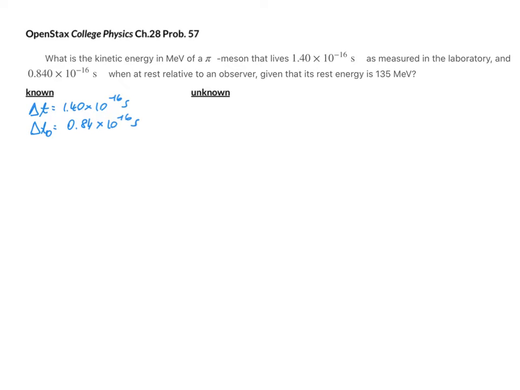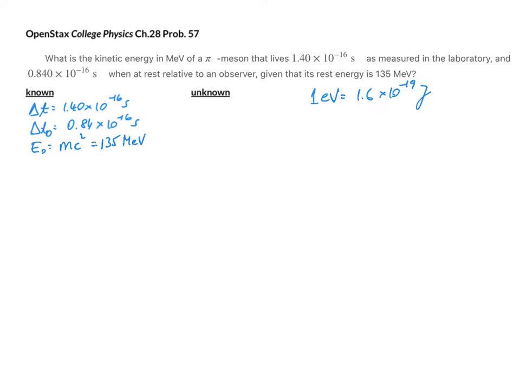Now, what else do we know? We know that the rest energy of the pi meson is 135 mega electron volts. Rest energy is E naught, and that is mc squared, and that's given as 135 mega electron volts. 1 electron volt is 1.6 times 10 to the negative 19th joules.